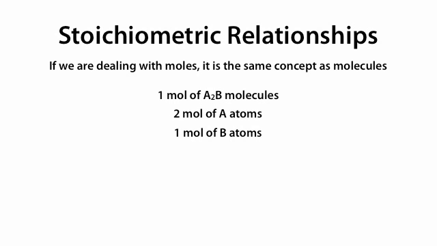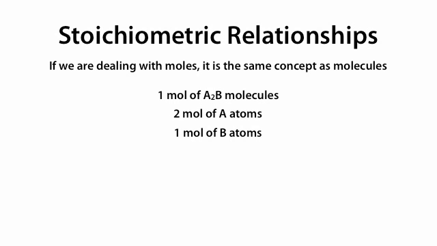It also tells us how many moles of A atoms per mole of A2B molecules. So we have 2 moles of A atoms per 1 mole of A2B molecules, and we have 1 mole of B atoms per 1 mole of A2B molecules. Just because we have 1 atom of B per 1 A2B molecule.